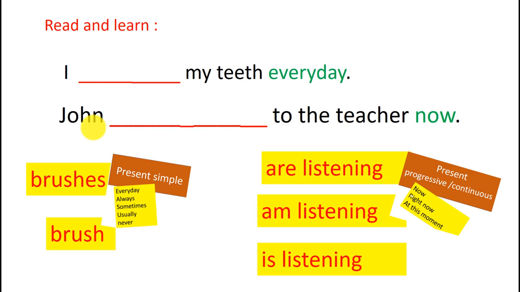He, or they, or we, or she, or it? John is not it because John is not a dog. Is not she because he is not a girl. So it will be he. And with he, what do we say? He is listening, or he am listening, or he are listening. Yes, very good. So you stop the video, you write the sentences, and we will see the answer together.